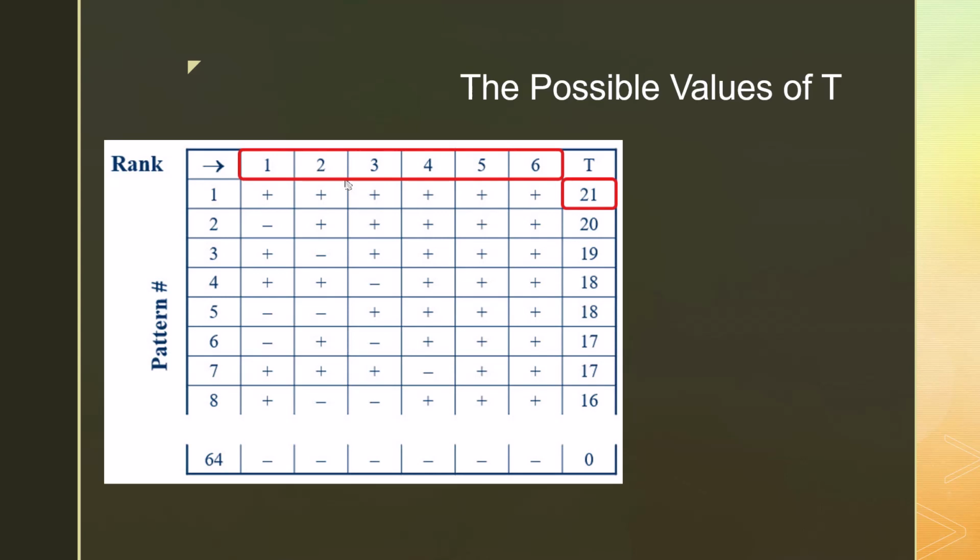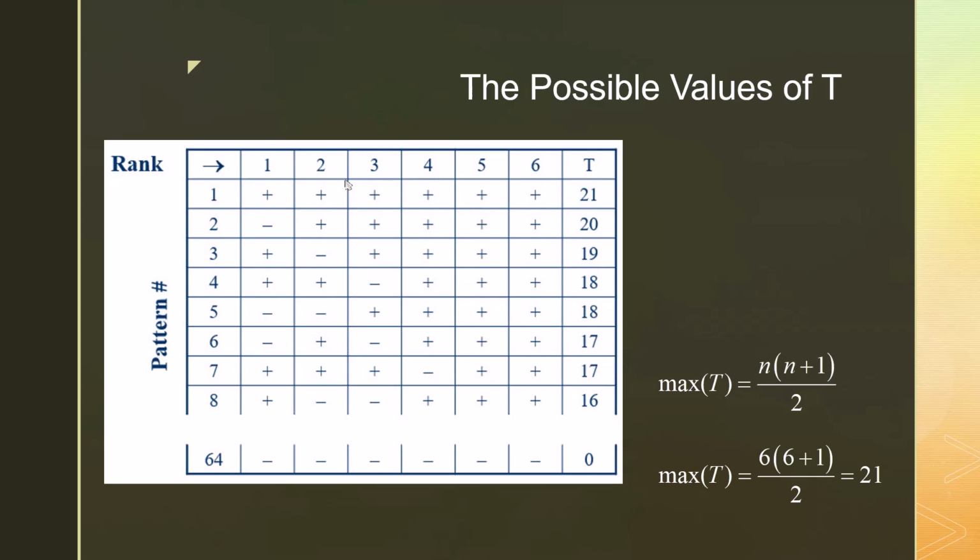By the way, a little shortcut to tell you the maximum value of T, that is what you'll get when you add up all of the ranks, is the number of observations times the number of observations plus 1, divided by 2. So in this case, we had 6 observations, so 6 times 7 is 42, divided by 2, which is 21. You didn't really need to do that here, but imagine if you had lots and lots of ranks, then this shortcut might come in handy.